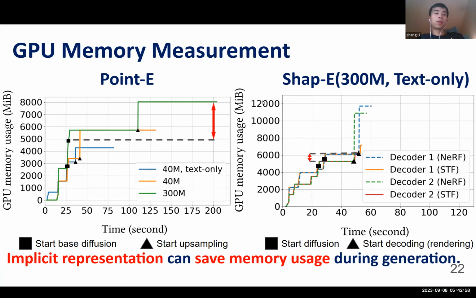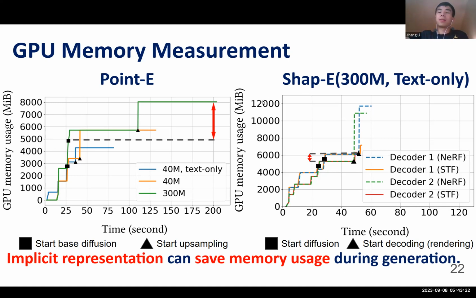If you want to increase the precision and the resolution of your final representation, then you need to increase the number of points in your point cloud. As a result, in the upsampling process, you need to store more points inside your computing memory, which leads to a significant increase in memory usage.